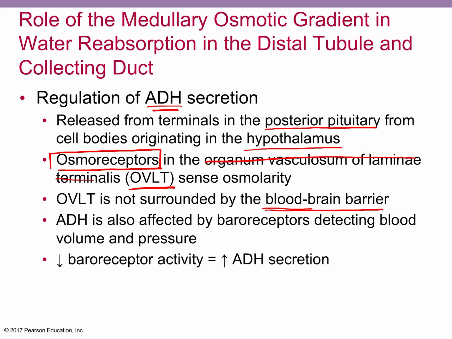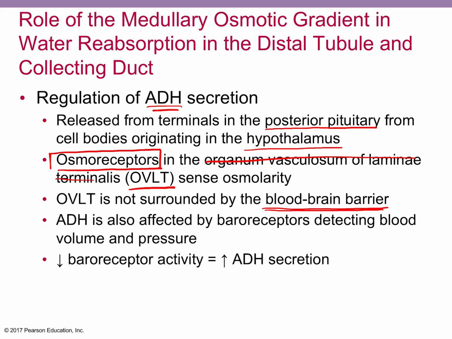Remember that if you studied the nervous system, remember back there's a blood-brain barrier. It really isolates the neurons from sort of the normal substances in the blood and in the interstitial fluid, but not this little area. So this is specific for detecting osmolarity. And if the osmolarity is high, we're going to secrete ADH, right?